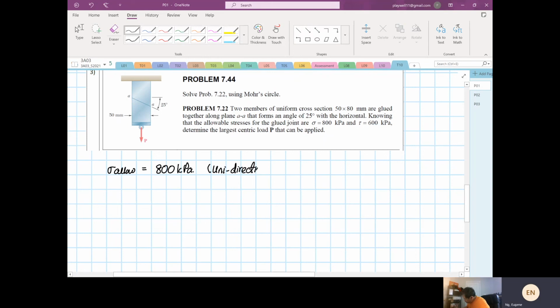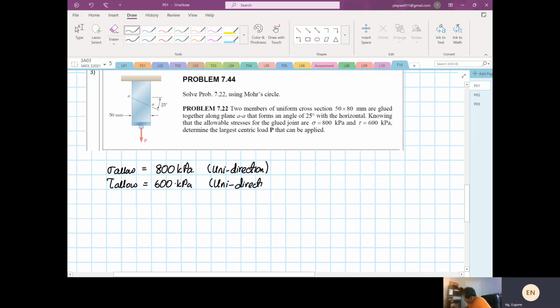This is when they test the strength of the glue, of the joint, in just one direction, which is 800 kilopascal. And then the shear allowable is equal to 600 kilopascal, again unidirectional.